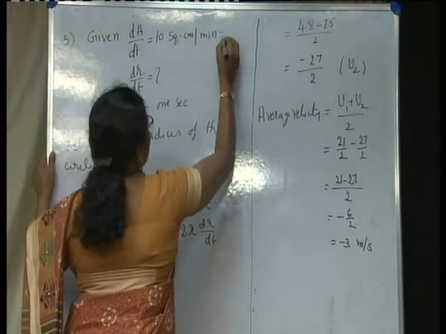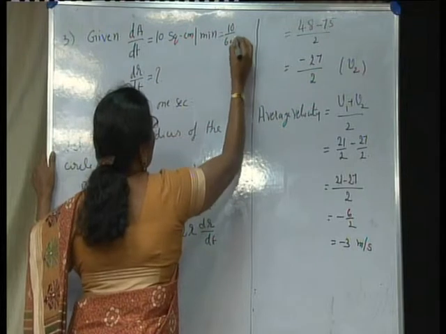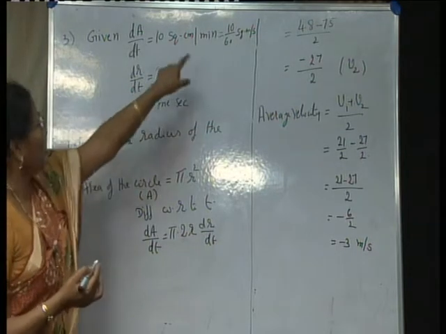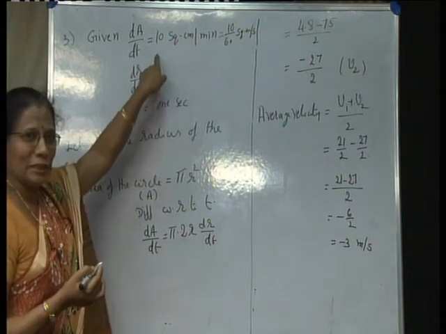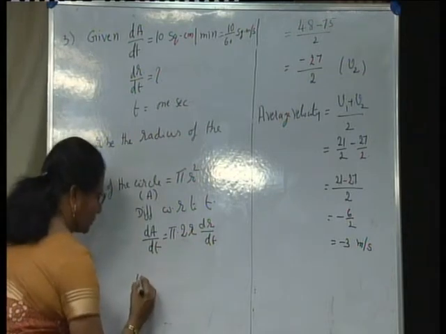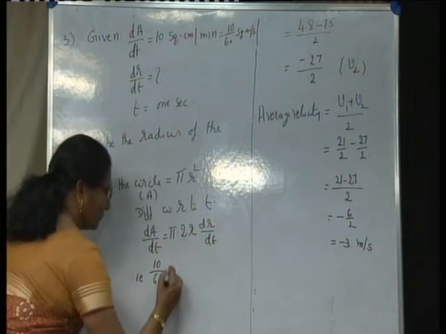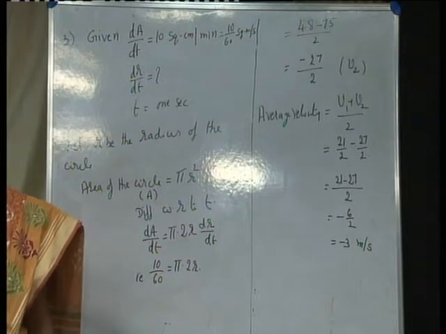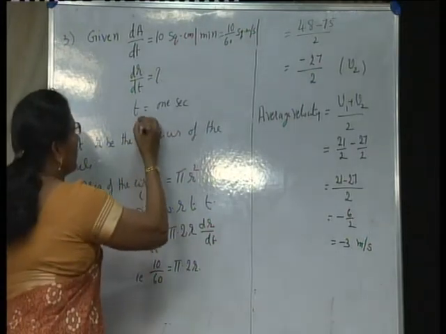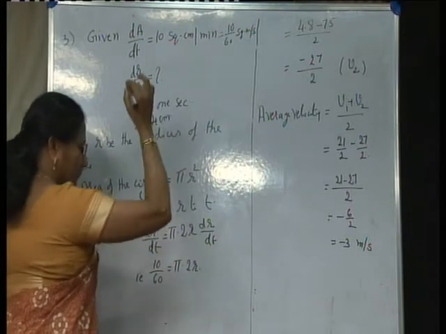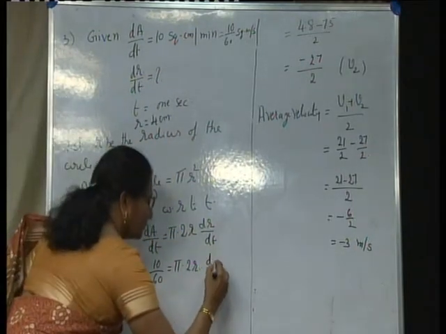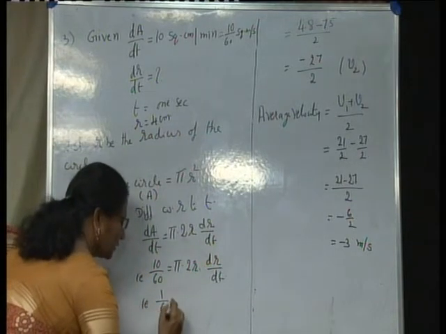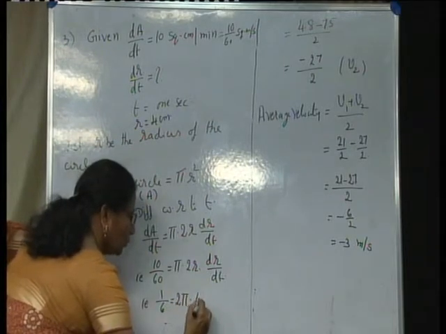Shall I write like this? This is equal to 10 by 60 square centimeter per second. Per 1 minute it is 10 square centimeter, so per 1 second divide by 60. So, 10 by 60 is equal to pi into 2r dr by dt, and r is also given as 4 centimeter. dr by dt, that is 1 by 6 over 2 pi, r value is 4.